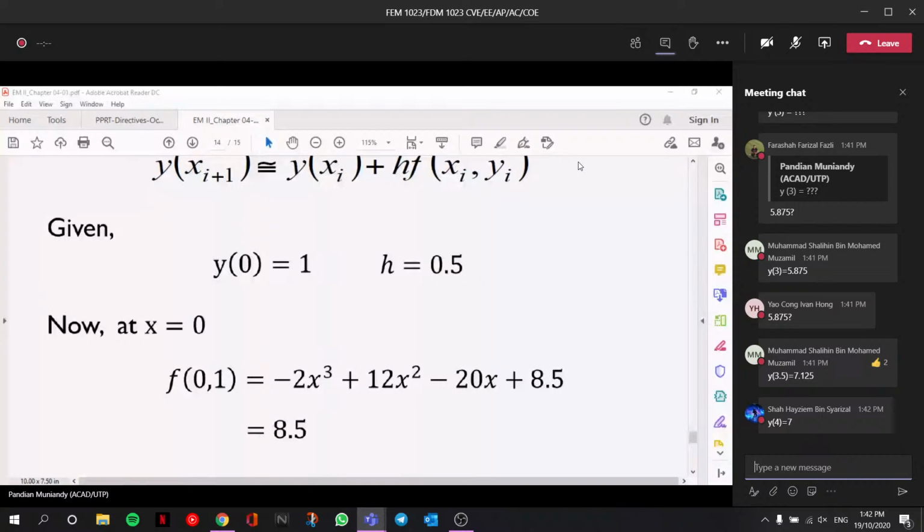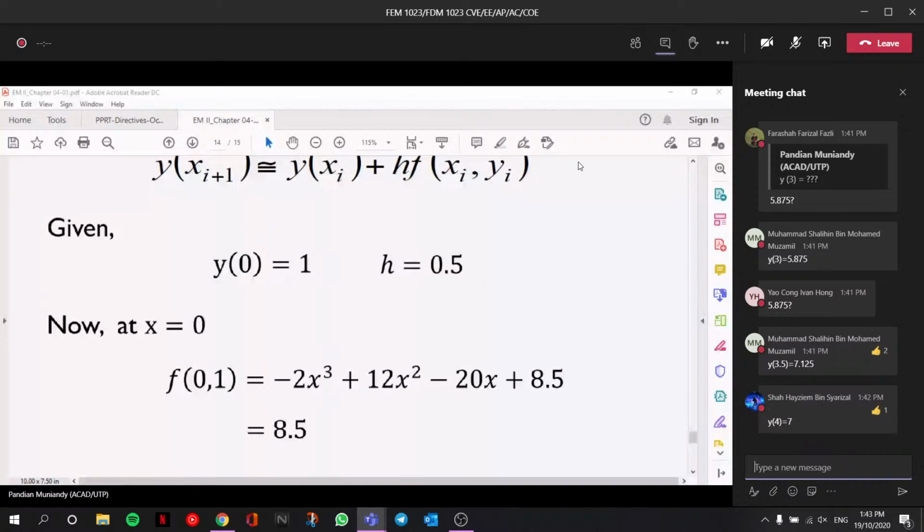So if you see, the solution is not stable, just like a bumpy kind of solution, because 5.25, 5.875, 5.125, then suddenly drop to 4.75 and increase, and then 5.875, and then 7.125.